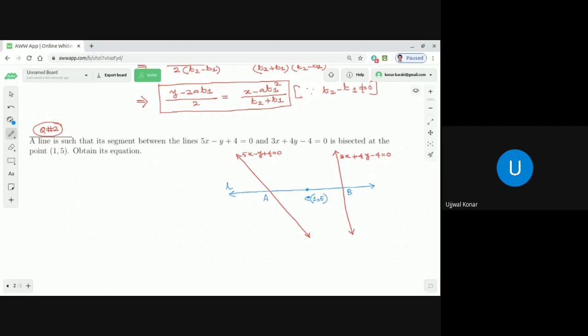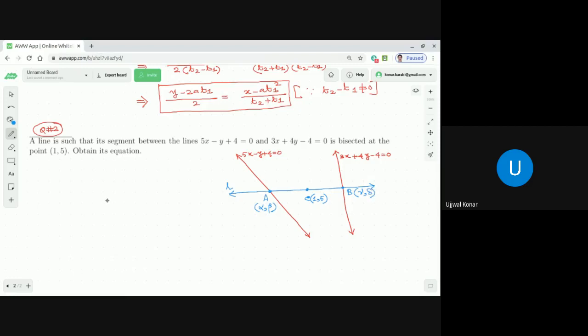Now, dear students, one thing is that if we consider this particular point's coordinates are alpha comma beta, and this particular point's coordinates are gamma comma delta, then suppose we take the point A having coordinates (alpha, beta), and the point B having coordinates (gamma, delta).